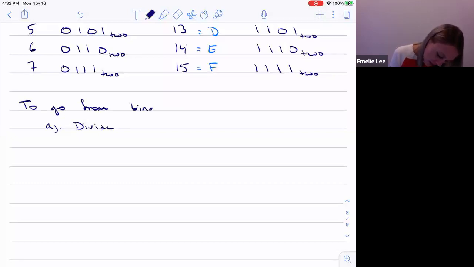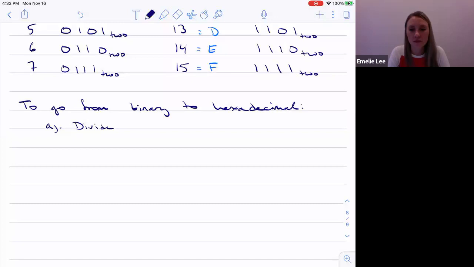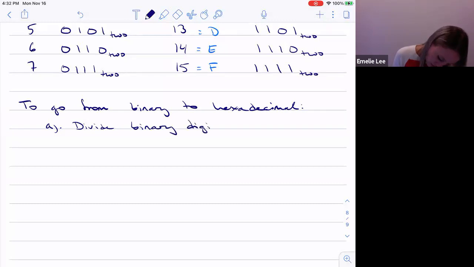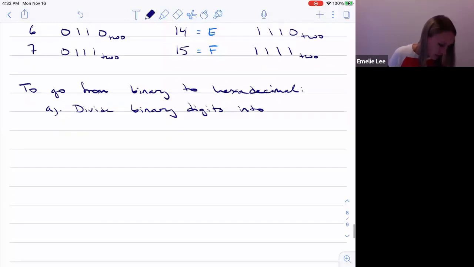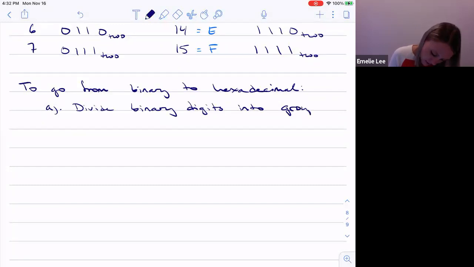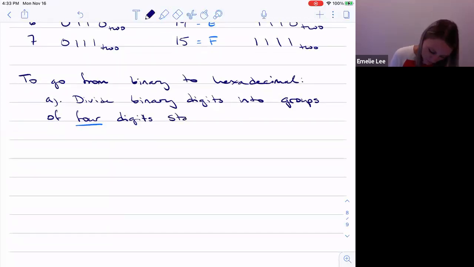To go from binary to a hexadecimal, that makes more sense. Divide the binary digits into groups of 4, starting from the decimal point.